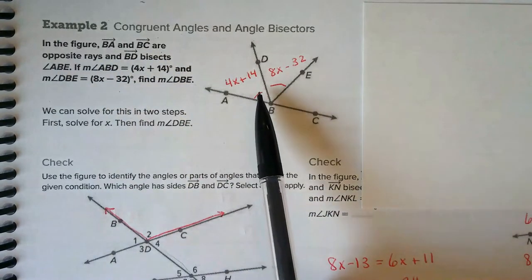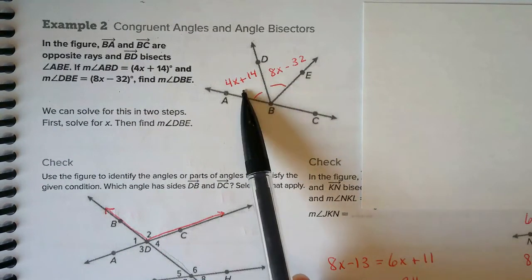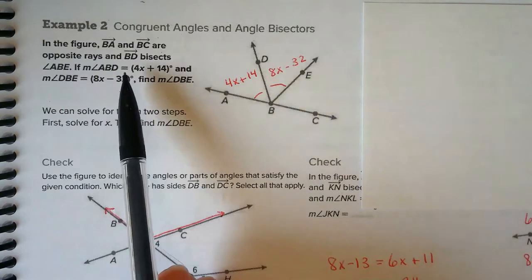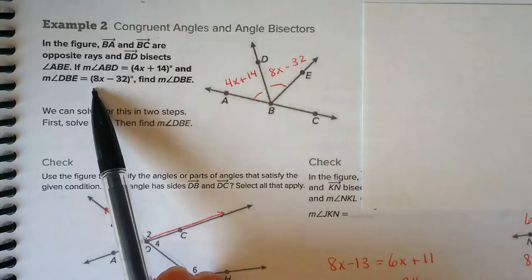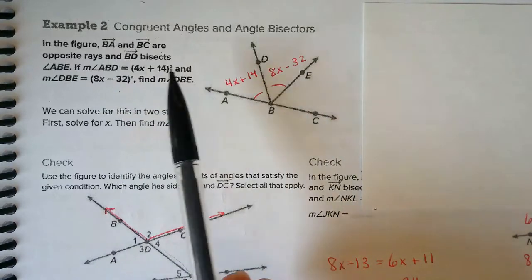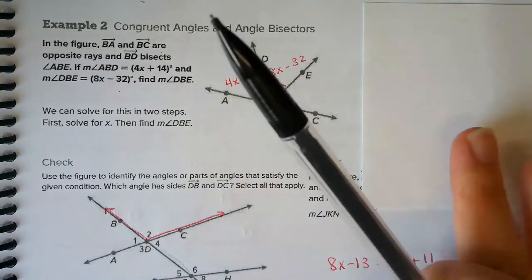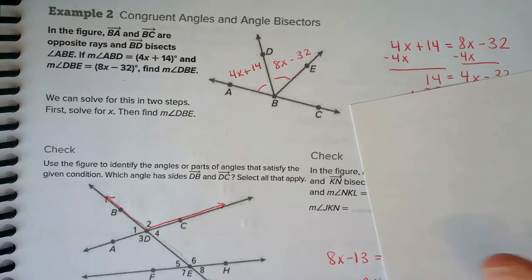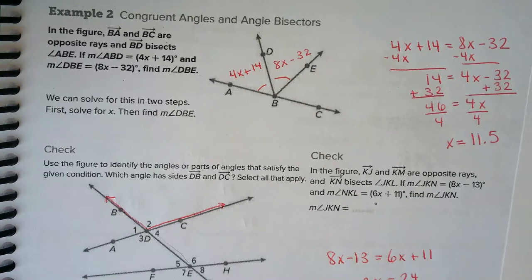So if it bisects, that means that these two angles have to be equal to each other because it cuts it into two congruent angles. I labeled ABD. I also labeled DBE. If these are two equal, then I'm just going to set my equation up where they are equal to each other. So I solved it where I minused everything and divided, and I got x to be 11.5.